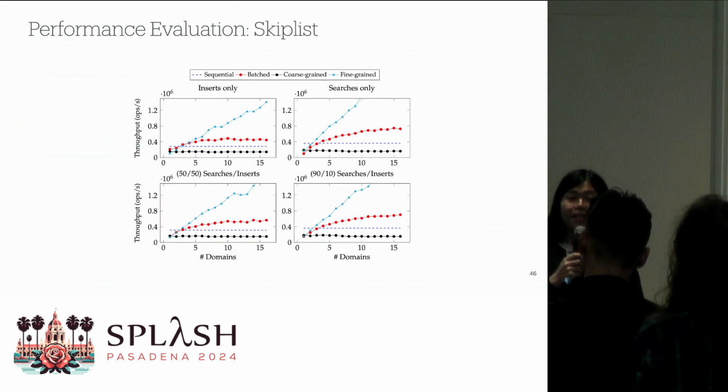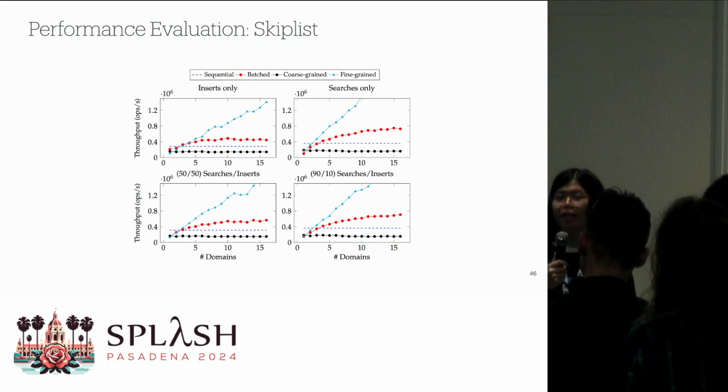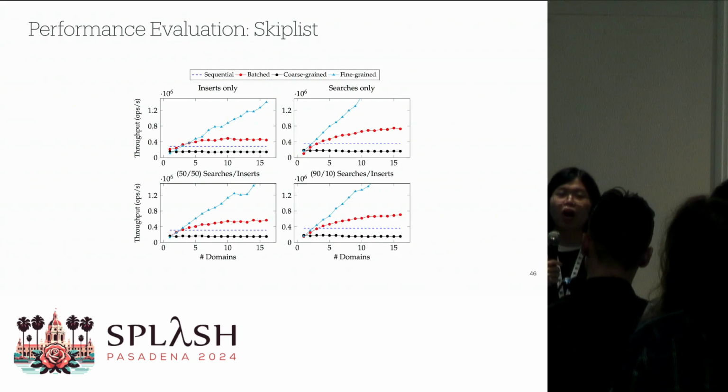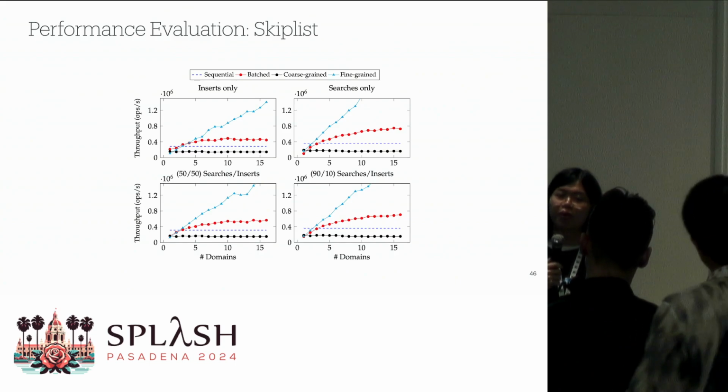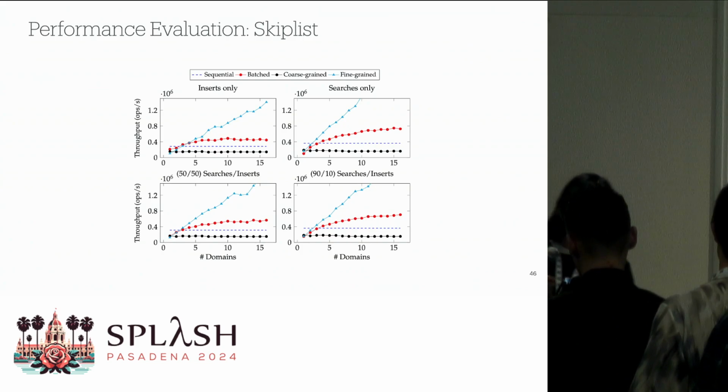It's the same axis, and you can see the sequential line being much lower, so lower throughput and an operation that takes longer. So actually, batching performs better when your operation takes a bit more time. So yes, maybe more complex operations will lend themselves better to this batching paradigm. Okay. Interesting. Thank you.